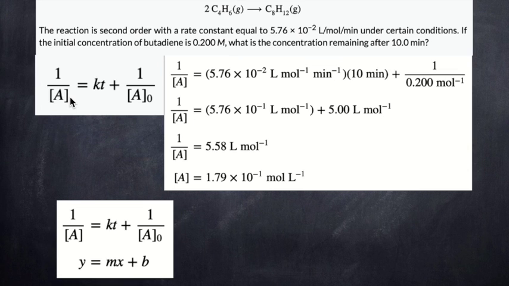The initial concentration, or A naught, is 0.2 M. The time is 10 minutes. So we just plug in those values, and we should arrive at 1.79 times 10 raised to the negative 1 molarity. And this should give us a positive slope if you want to graph it using time as the variable in the x-axis and 1 over concentration of A as the variable in the y-axis.